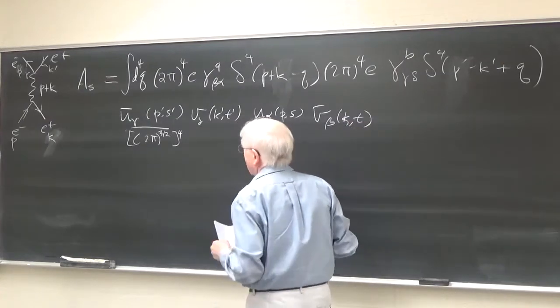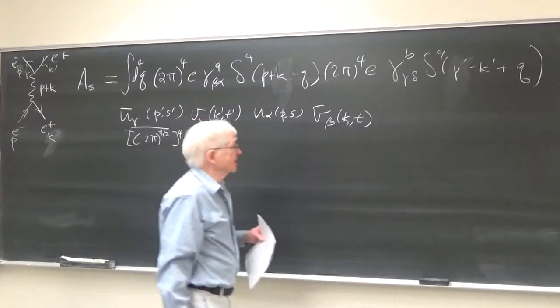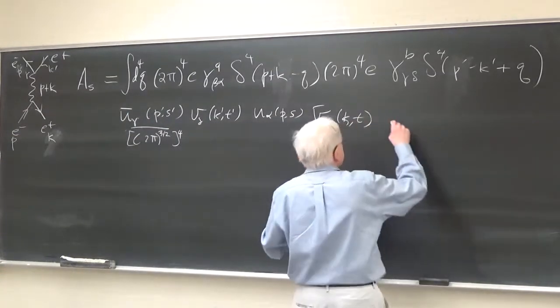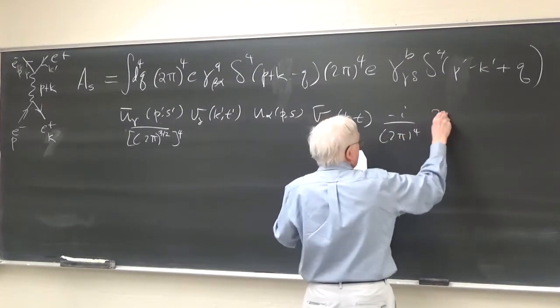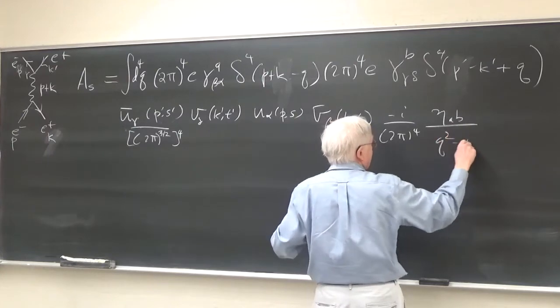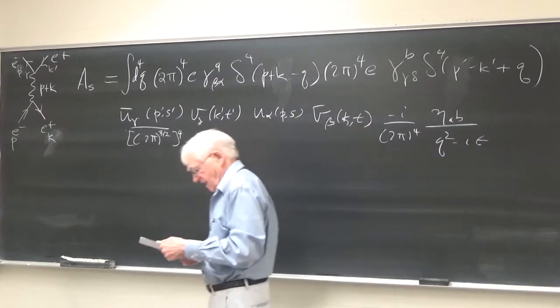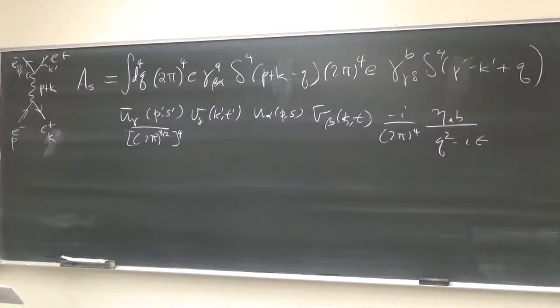And then we have the propagator, which intellectually is the most complicated part, but to write down is the simplest part, minus I over 2 pi to the 4, eta AB over Q squared minus I epsilon, and as I said, the I epsilon is really not important for tree level diagrams.